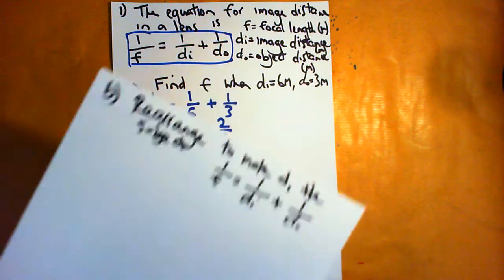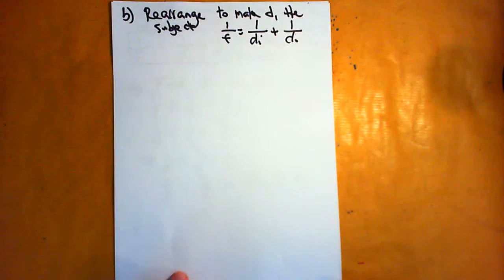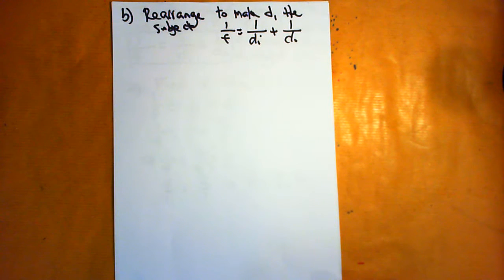A far more pressing and urgent concern is the rearrangement of the equation. How would we make di the subject? Well, we have 3 terms there, so we can't necessarily flip them at this point, which means we need to be a little bit more witty about what we do here.